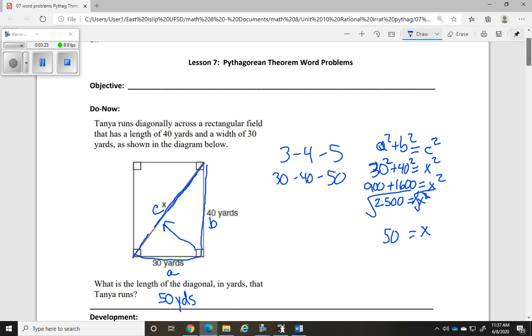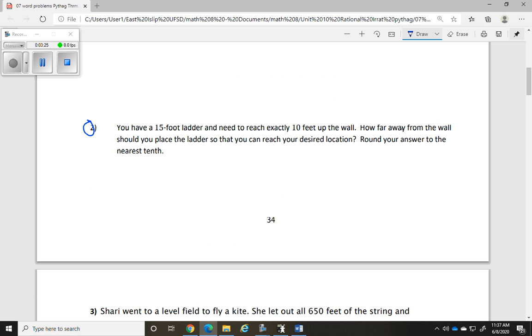So let's do the problems that I spoke about. Number 2, you have a 15-foot ladder and need to reach exactly 10 feet up the wall. So I guess you must have some kind of building with a wall, and the ladder is leaning against that wall. So here's my ladder. It's a 15-foot ladder, so that diagonal is 15, and I have to reach exactly 10 feet up.